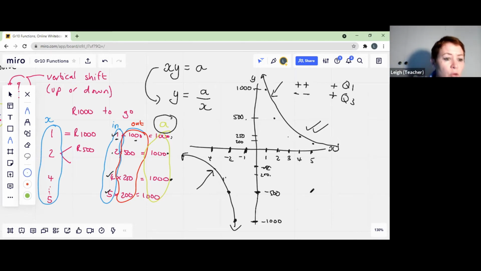No, Sihle, when you multiply a negative with a positive, then you get a negative. Okay, so let me just change my color. When you say you add, Sihle, what do you mean exactly?